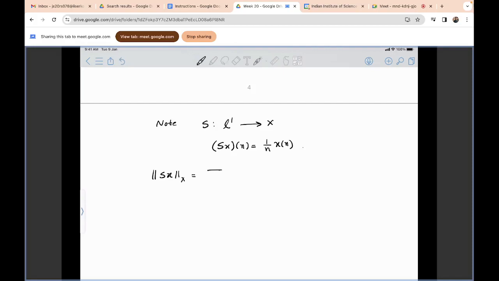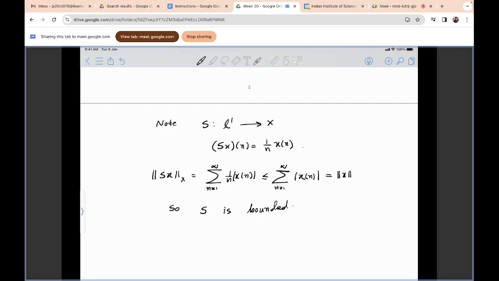This is the summation of 1 by n xn, which you can always write as less than the sum from n equals 1 to infinity of mod xn, which is the L1 norm of x. Which implies S is bounded.